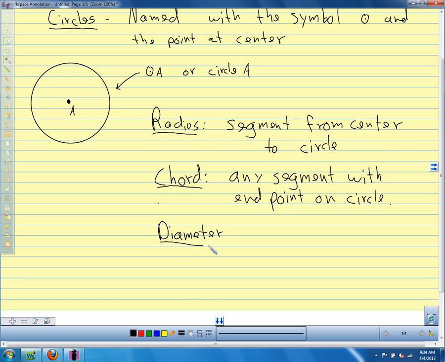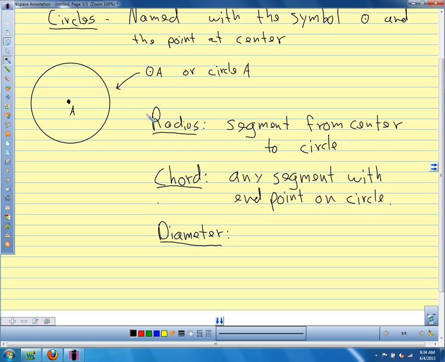And what do we know about a diameter? Across the circle, but where does that diameter have to go? Could I go from here to here? Through the center.